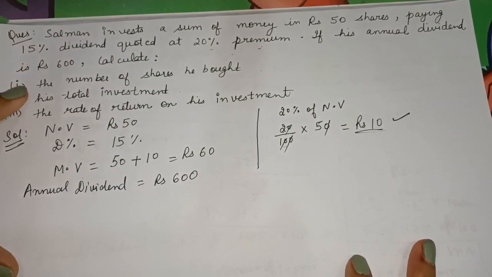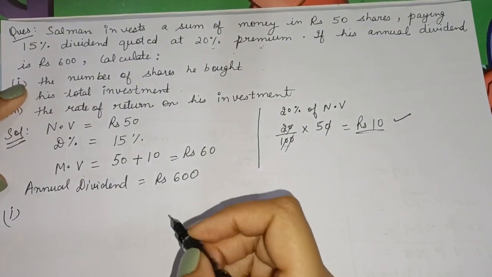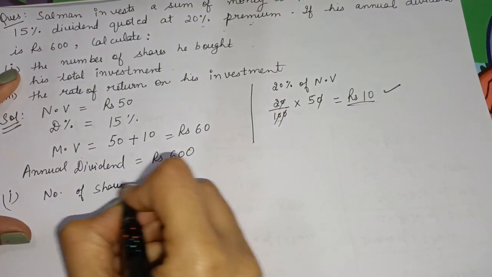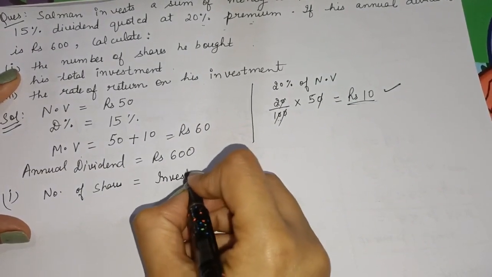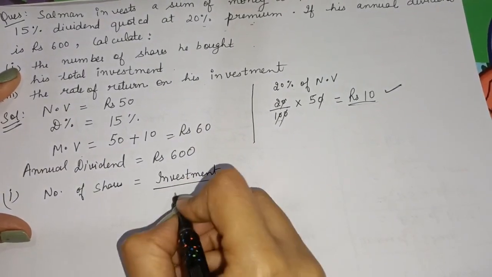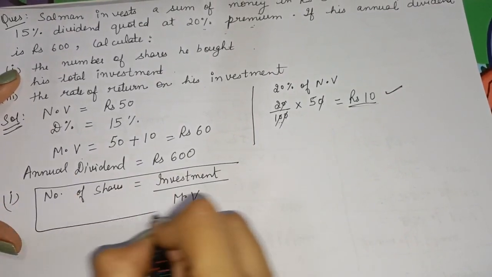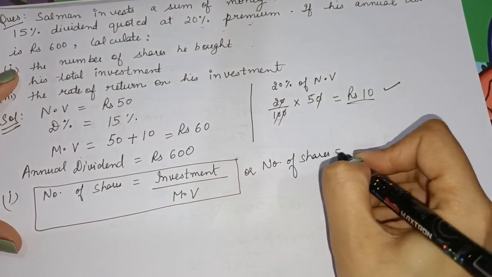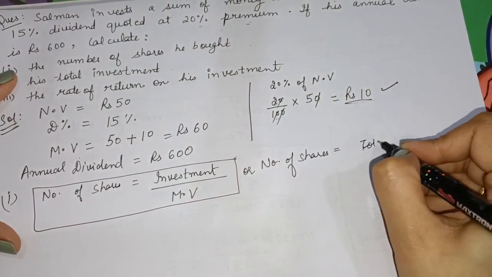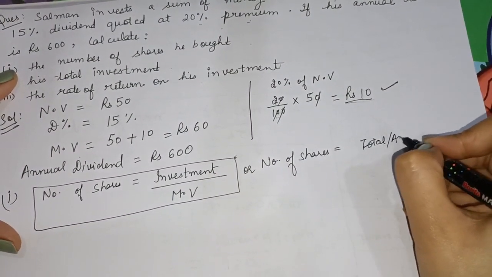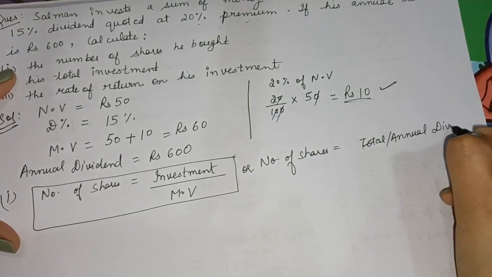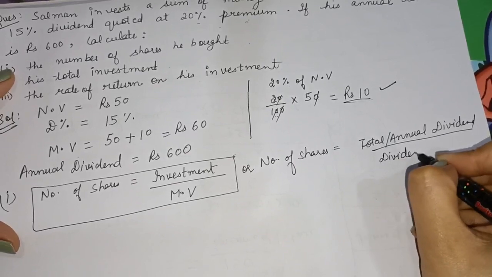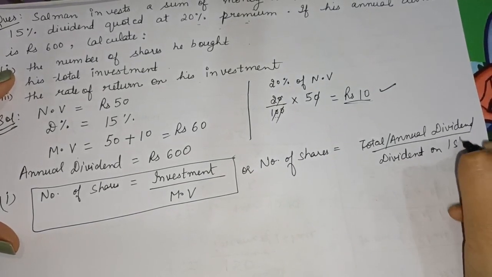Number of shares bought. For number of shares we know two formulas, both I'll write. Number of shares is equal to investment upon MV, investment upon market value, or number of shares is equal to annual dividend upon dividend on one share.